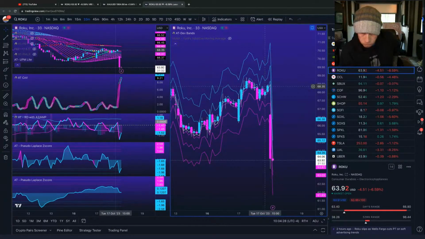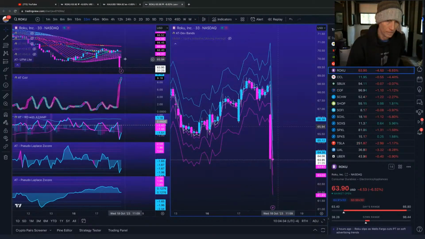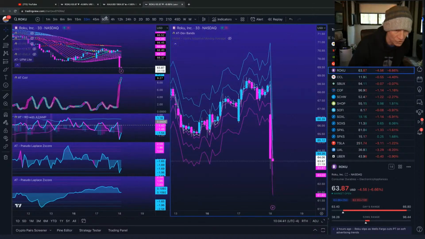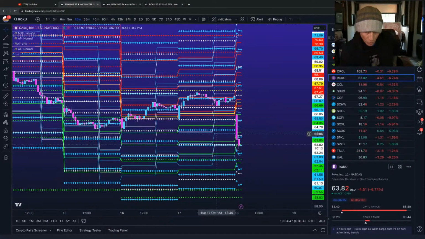Pull this in, 95 for Laplace, right here at about 65.1. Still below the power mean band. And there's still definitely some selling going on, so wouldn't jump on it right away. But I do see this thing by the end of the day pulling back up in there, if I gave Roku enough time.